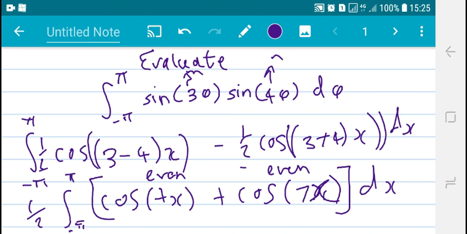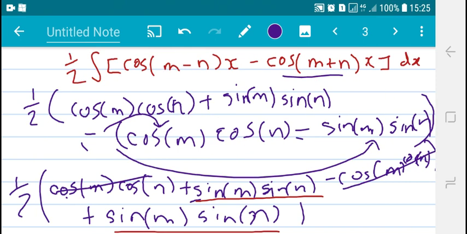And now we have to remember an important result, namely, if we have an even function over a symmetrical interval, in this case, from negative pi to pi, it's symmetrical about the point 0. So we just multiply the integrand by 2, and then we evaluate from 0 to pi, that is 0 to half of the magnitude of the interval, which in this case should be pi. And so let me just continue here.